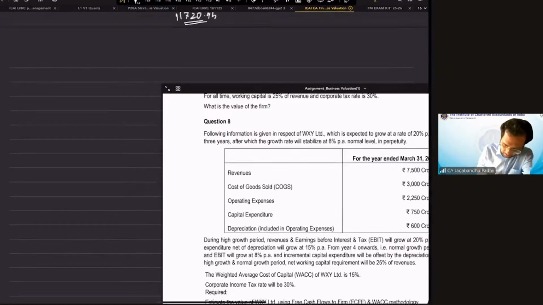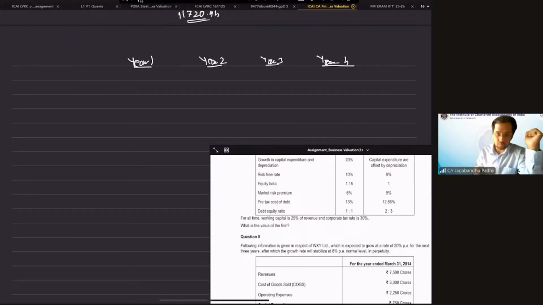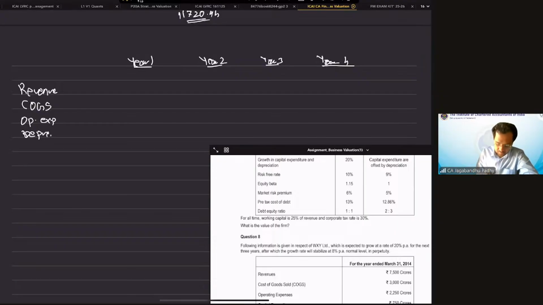So here we will have year 1, year 2, year 3, and year 4. So we have revenue, COGS, operating expense, depreciation.